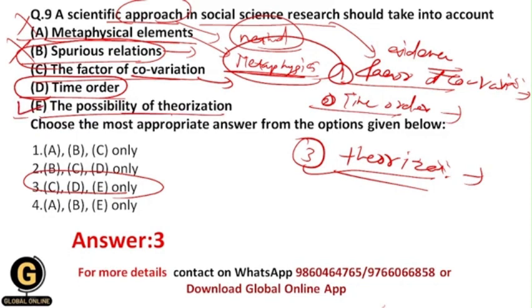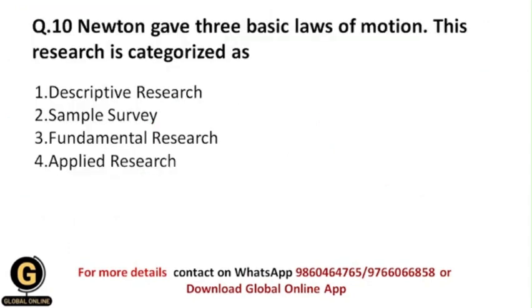I mean to say, you should put your conclusion in written format, and that's why you will be able to understand it, and the reader will be able to understand whatever you have done in your research study. So you should take into account options C, D and E, and you should not take into account metaphysical elements and spurious relations.